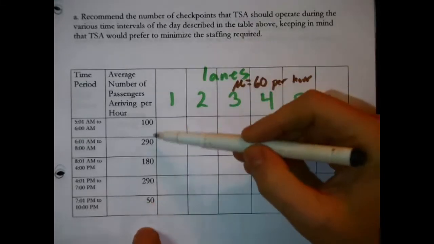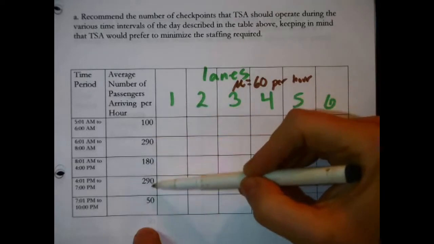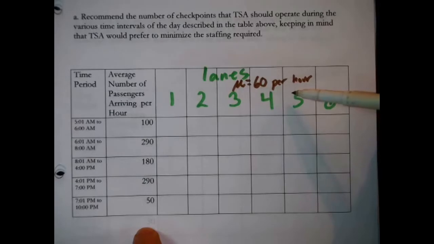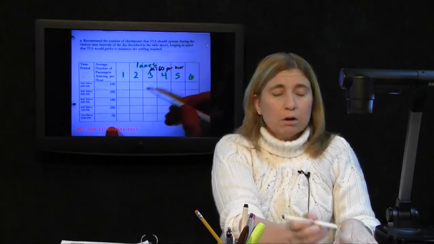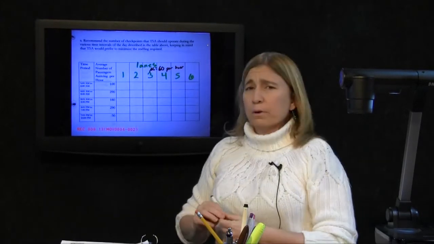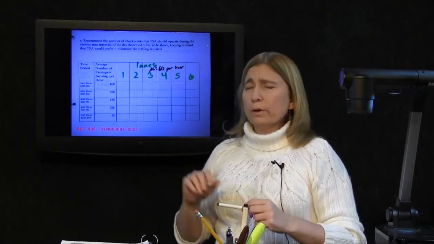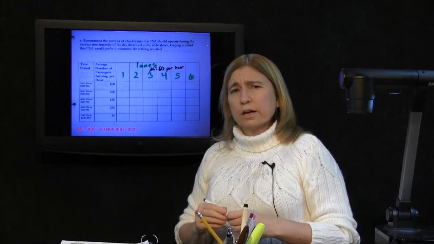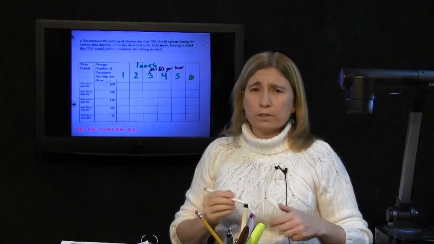One thing we need to realize, though, is that this combination of the actual arrival level at the airport and the number of lanes is changing lambda. And that is the key to this problem. Because what's the most obvious case? Let us suppose that we decide to have 1 checkpoint lane open from 5 a.m. to 6 a.m. Well, it says that the average number of passengers arriving at the airport is 100 per hour.